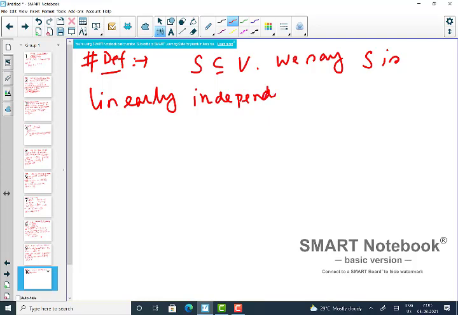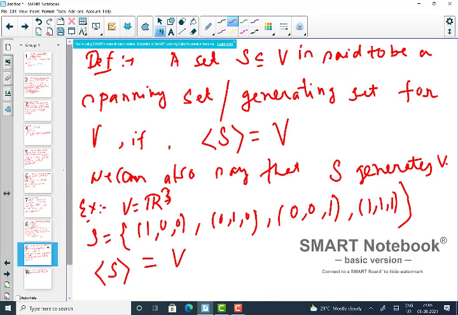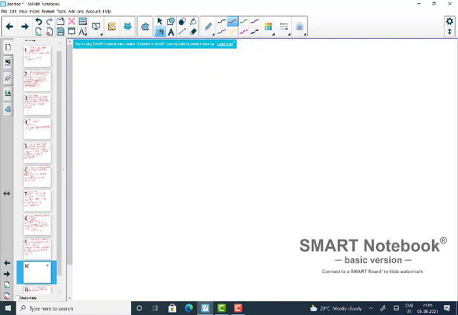So linear independence means: if you choose any finitely many elements, maybe I should define it for finitely many elements first. So let me define it for finitely many elements, and then we will go for a set.